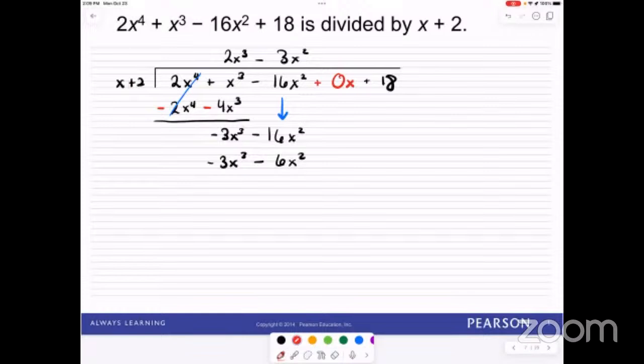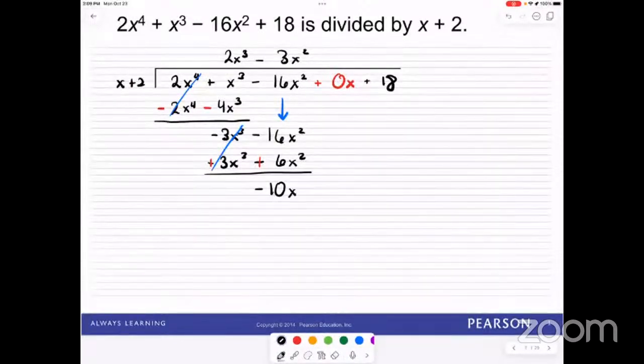So this becomes positive, this also becomes positive. A number plus its opposite adds to 0. Negative 16 plus 6 is negative 10. Then we bring down the next term.